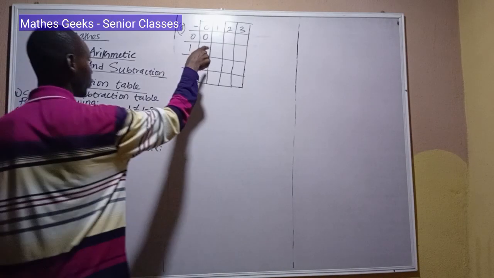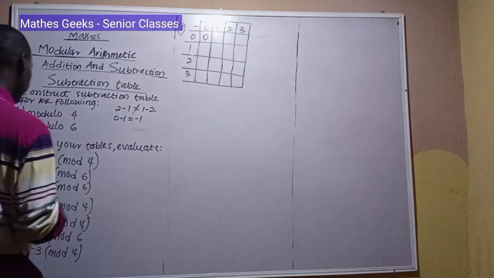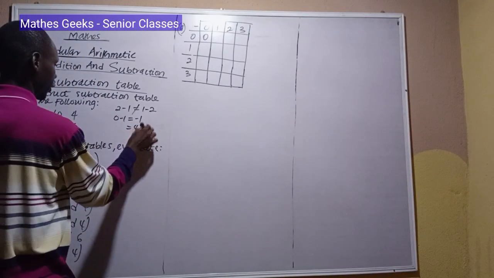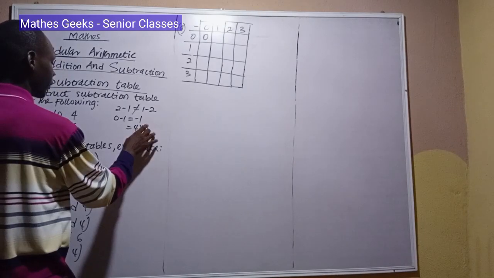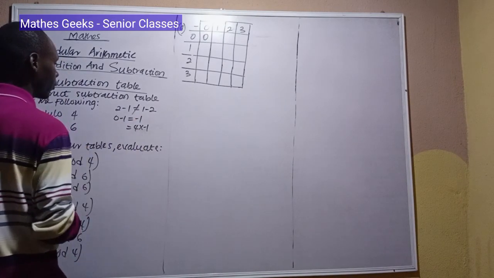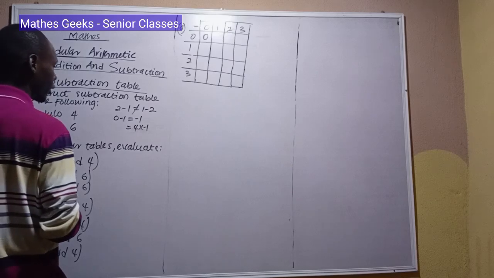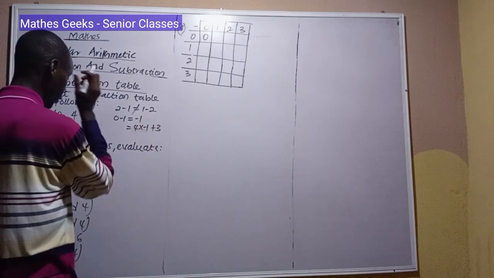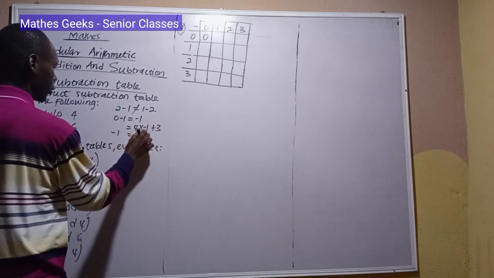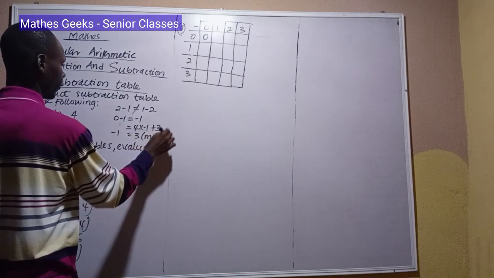And we are carrying out this operation in modulo 4. So 4 times minus 1 plus 3 will give us minus 1, so minus 1 is 3 in mod 4.